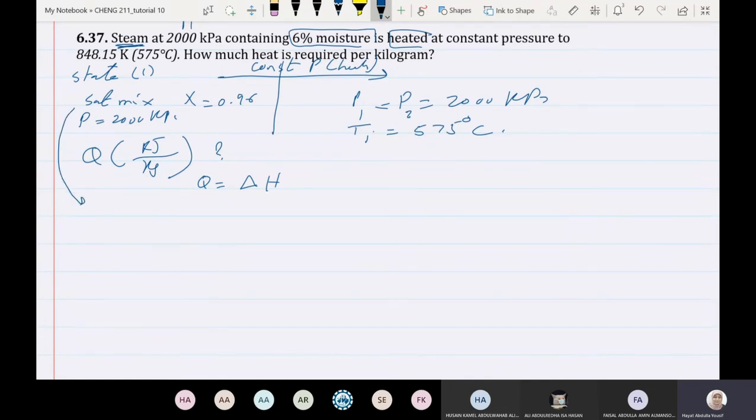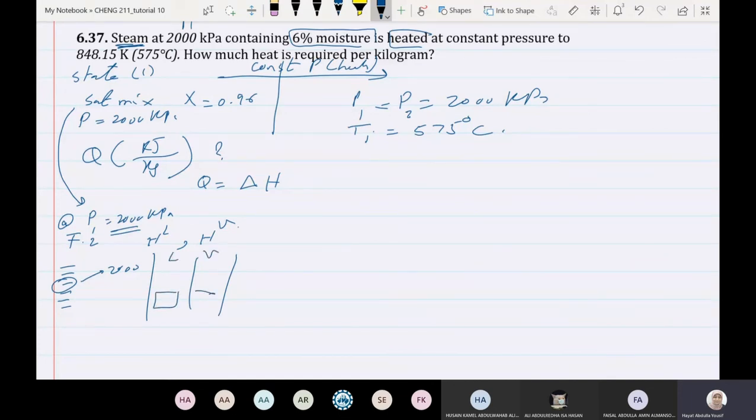For state number 1, we said it is fully defined. You go at pressure P1 equal to 2000 kilopascal, saturated mixture. You can go to table F1 or F2, but because it is pressure based, it is maybe easier to go to table F2 and find the values of H liquid and H vapor.